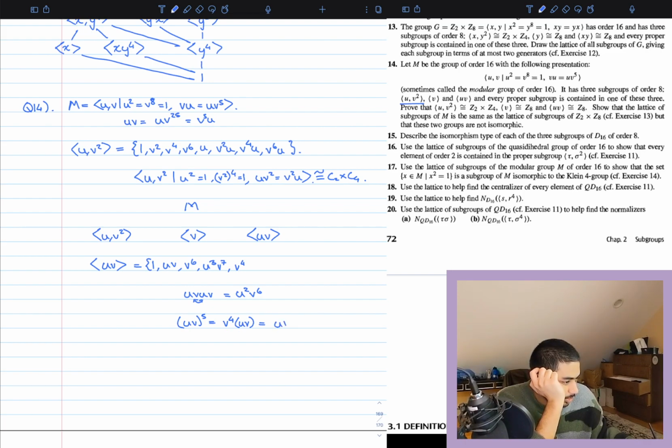So we get U V to the 21, which is U V to the 5. I'm pretty sure. Right? Yeah, 21 is 5 more than a multiple of 8. Did I do this swap correctly?